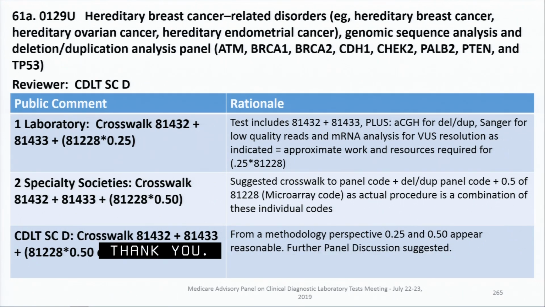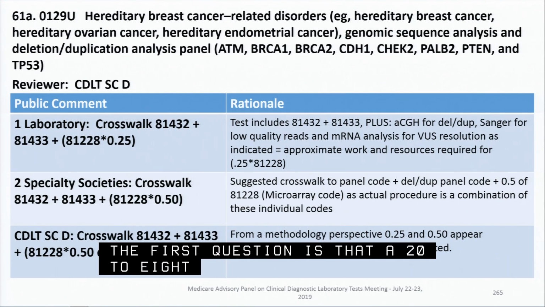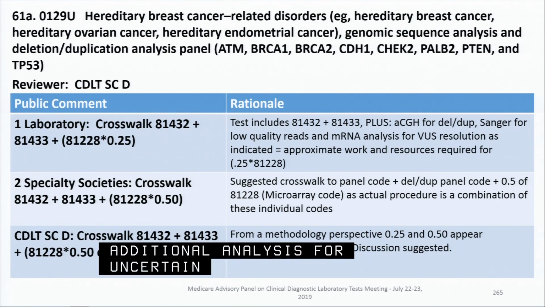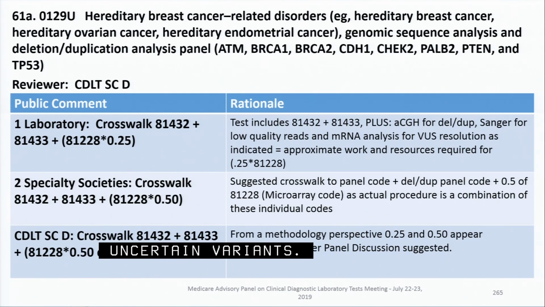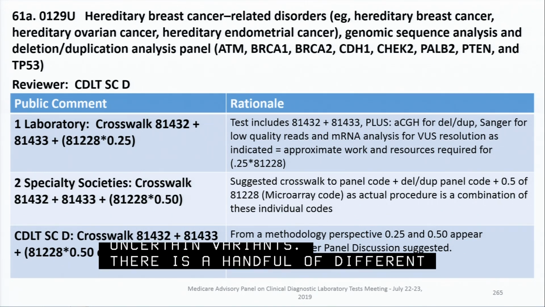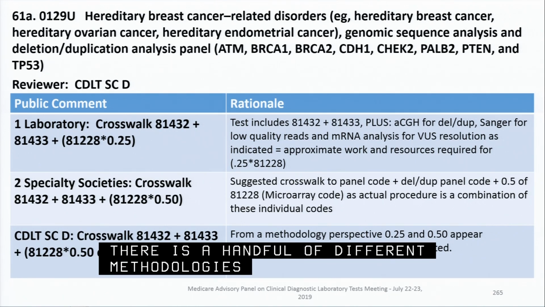So I have 2 questions. The first question is, the 81228 code is specific to the additional analysis for uncertain variants. Is that correct? There's a handful of different methodologies that are performed, including the uncertain variants. There's also the MLPA for the PMS2 gene, as mentioned, where relevant.